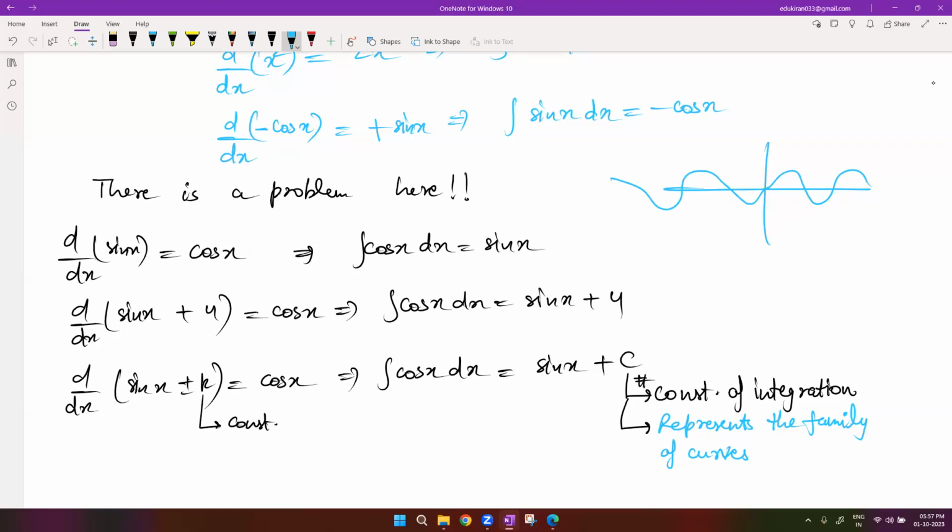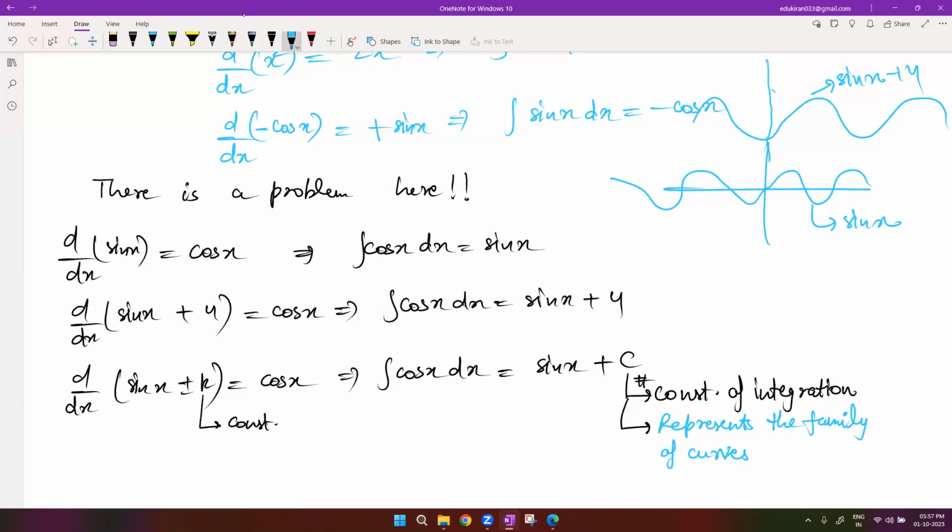And if you draw the graph of sin x plus 4, the same graph will be upscaled here. Same graph, the graph will be above. So this is sin x plus 4, and this is sin x.